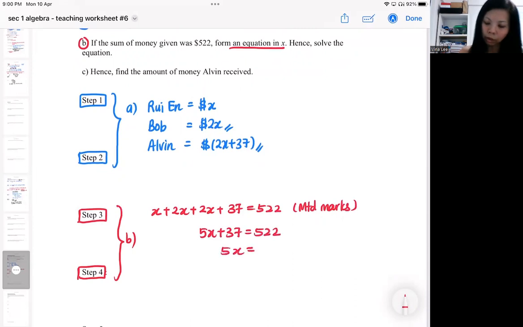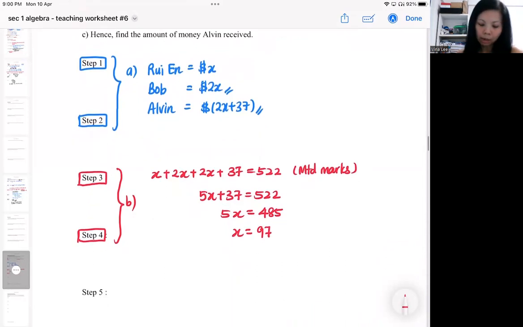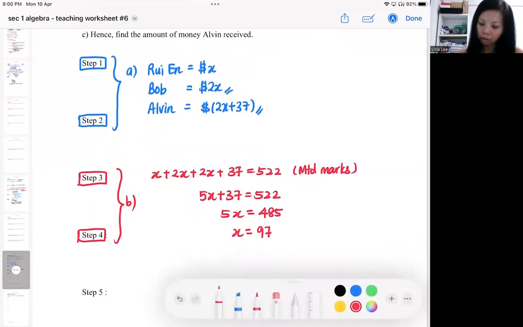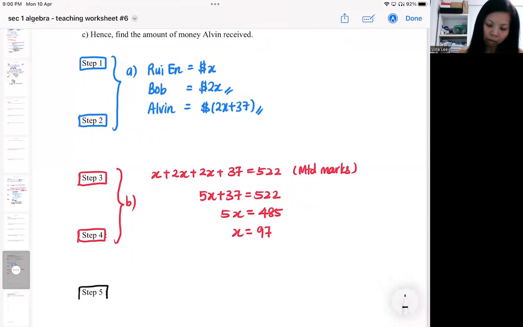I won't be showing too much steps, so you do your own steps. Then the last part, I'm going to answer the question. The question wanted the amount of money that Alvin received.